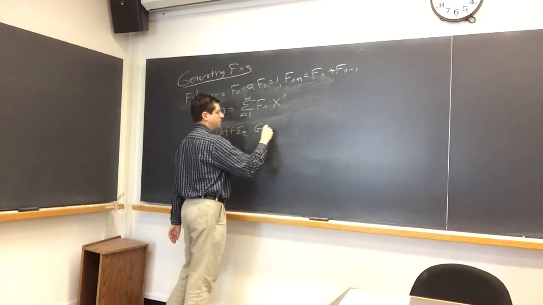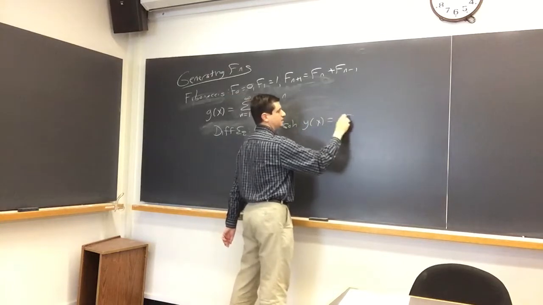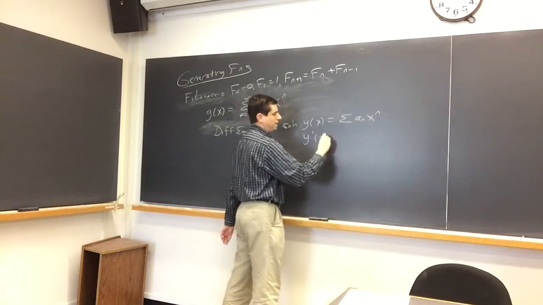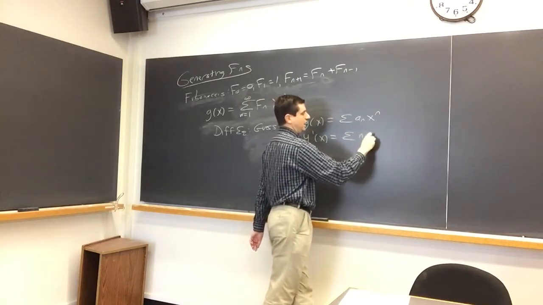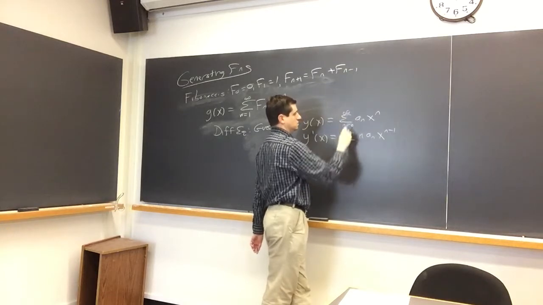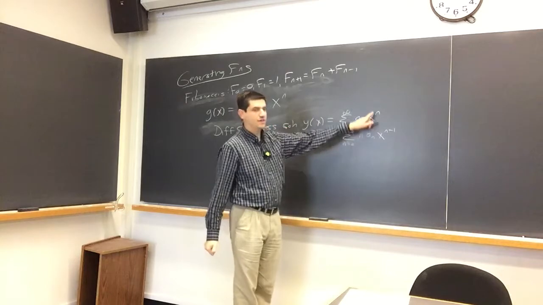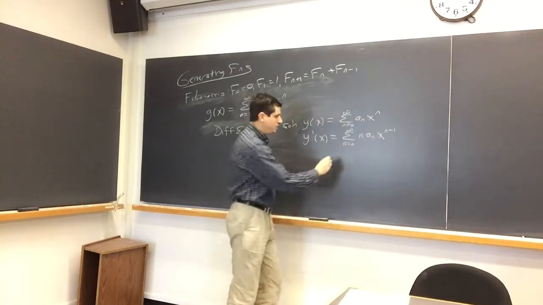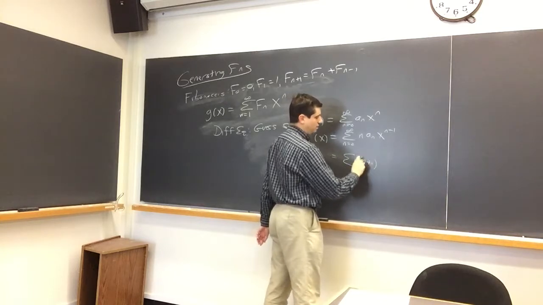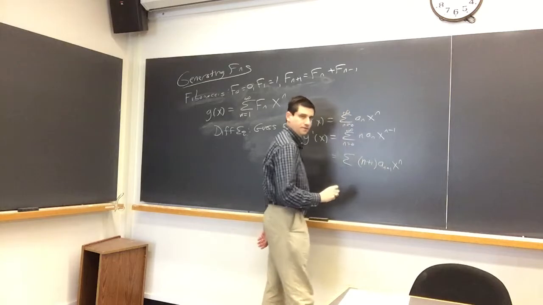If you have differential equations, you might guess the solution is y(x) is the sum of a_n x^n. You would then get y'(x) is the sum of n a_n x^(n-1). And then what's a little bit annoying is you've got things shifted a little bit off. So this would be the same as the sum of (n+1) a_(n+1) x^n.